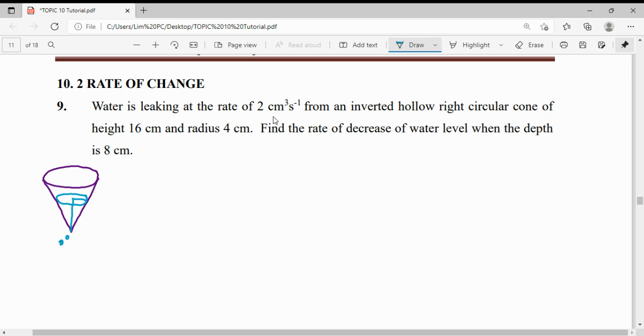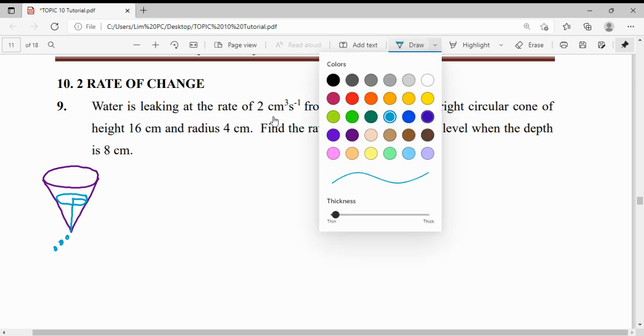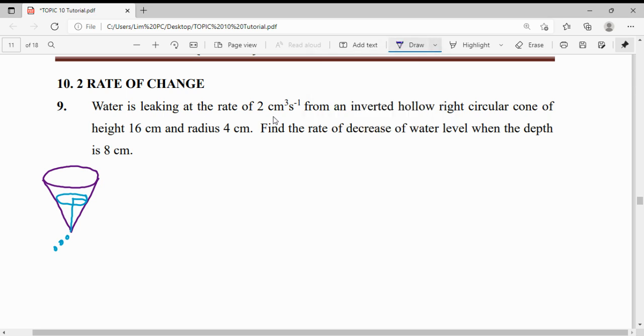So this water is leaking, which means that the process of leaking will make our volume decrease. So the water is leaking at the rate of 2 cm³ per second from the inverted hollow right circular cone. So the volume inside the container is decreasing.